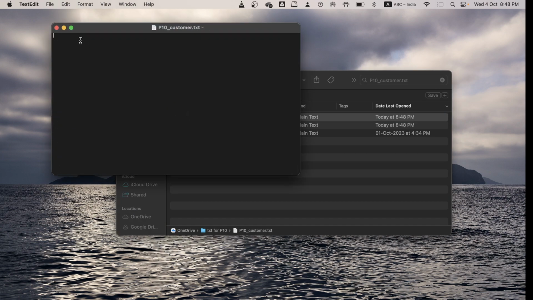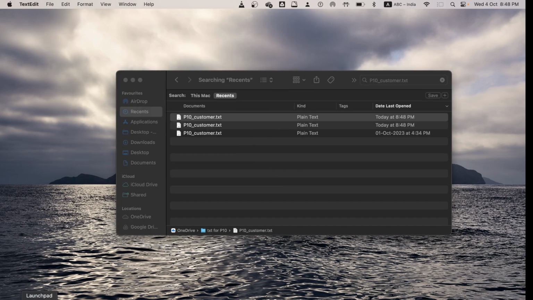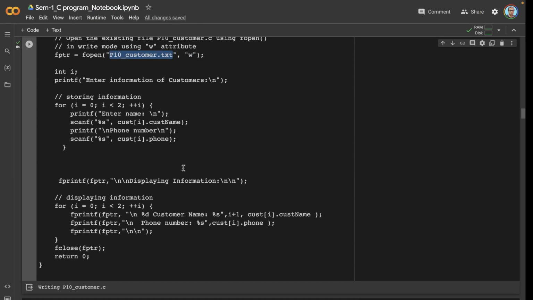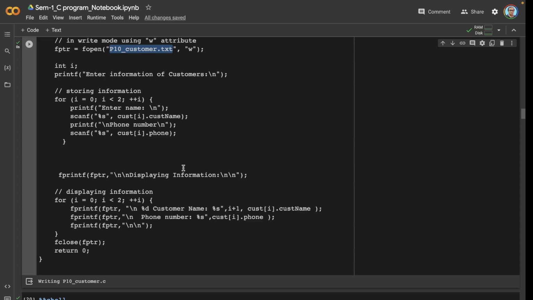Sorry, it cannot be opened. P10 underscore customer text.